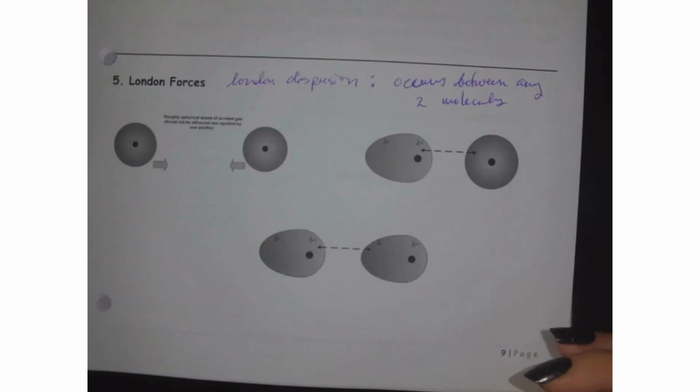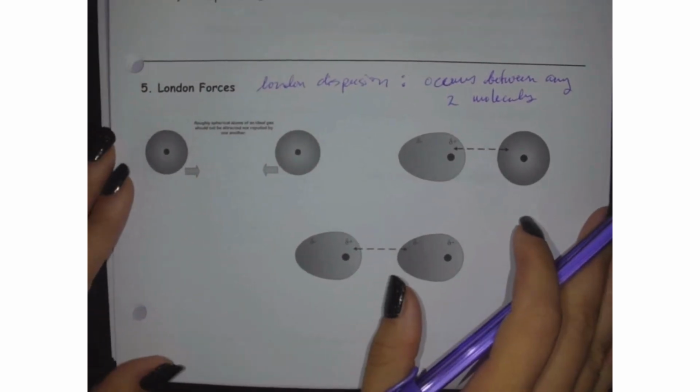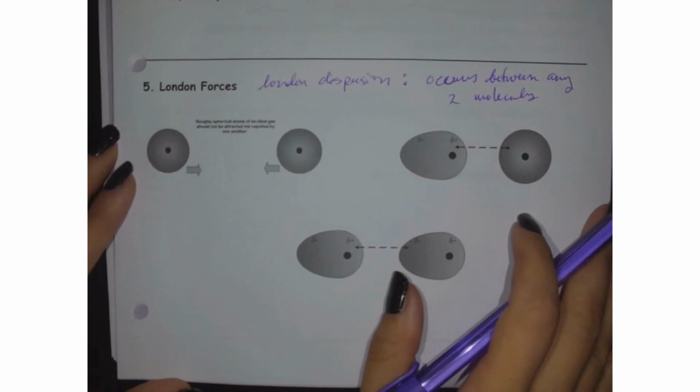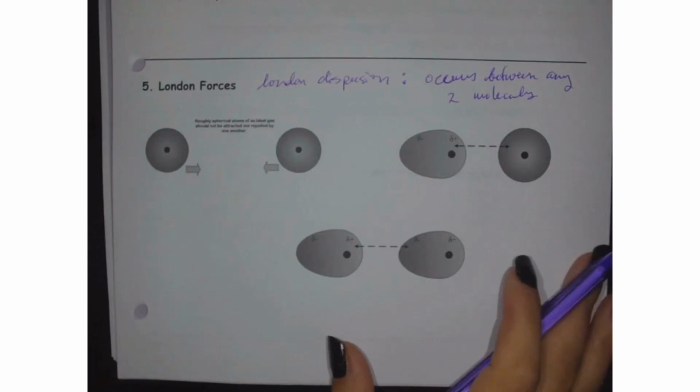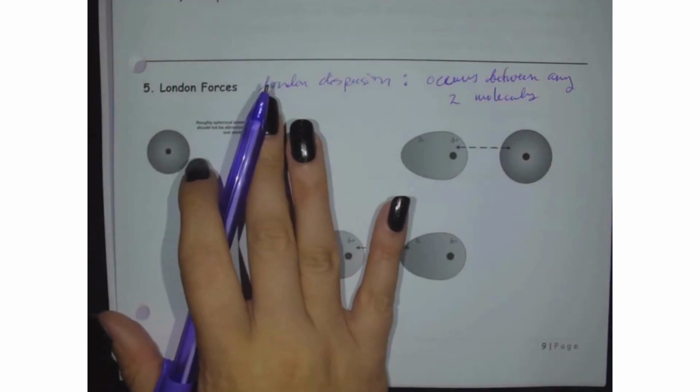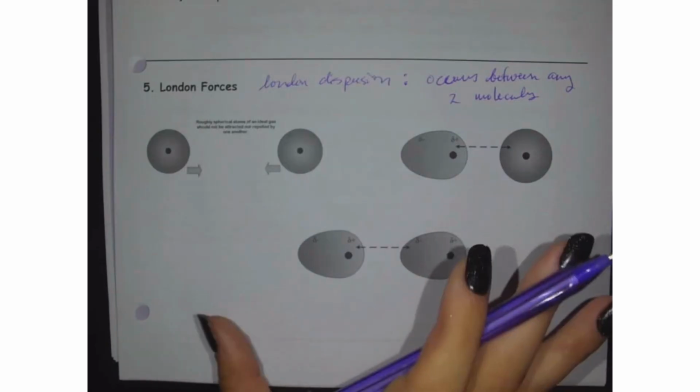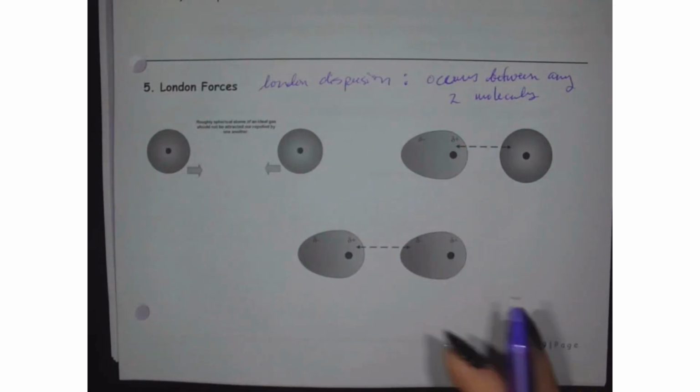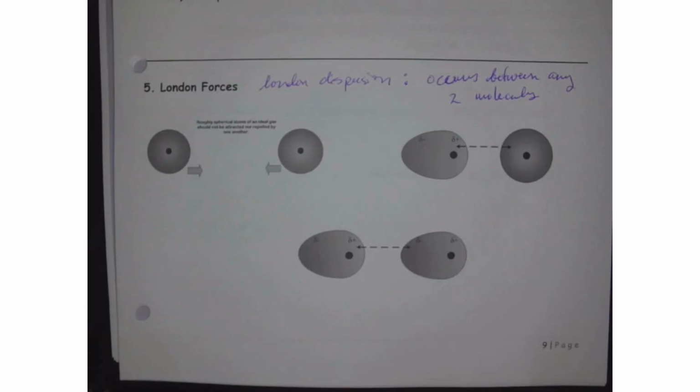Okay? And we can give them extra special names, and you might see it on the multiple choice. If you just say London dispersion on the free response, that's absolutely fine. But you might see on the multiple choice that they do two scenarios for London dispersion. There's two types of molecules, right? Nonpolar molecules and polar molecules.